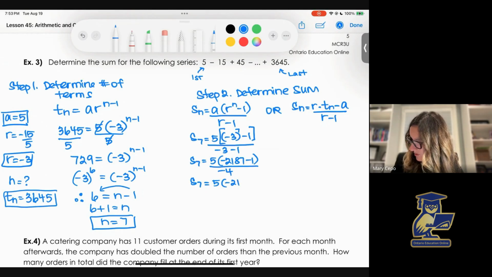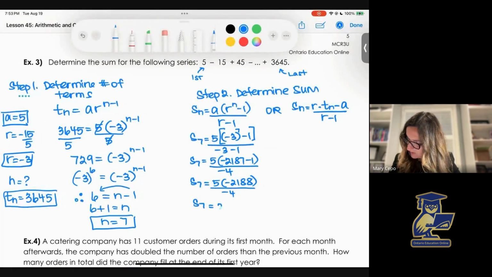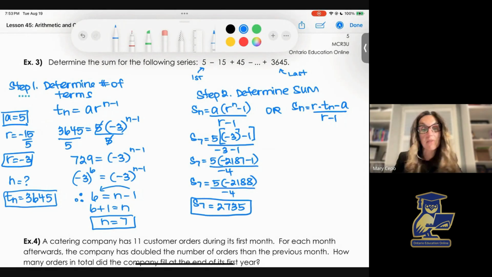Negative 2,188 times 5, negative times 5 divided by negative 4 would be 2,735.